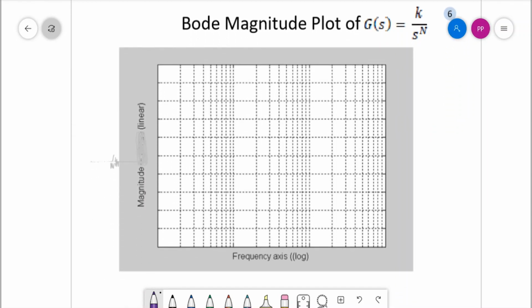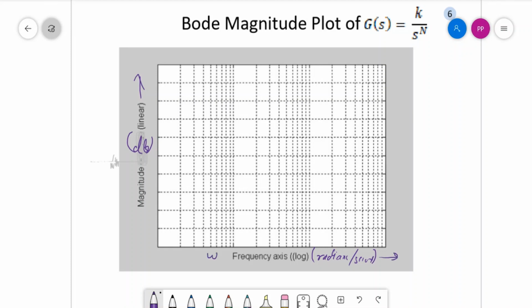So let us draw the Bode magnitude plot. This is in decibels in this direction, and this we can take in radians per second in this direction. That is the value of omega. So how should the plot come in this case?